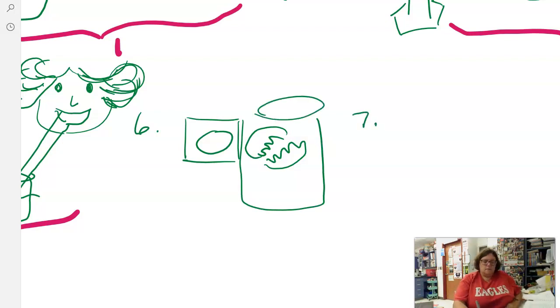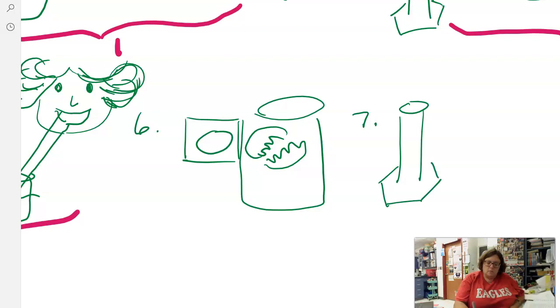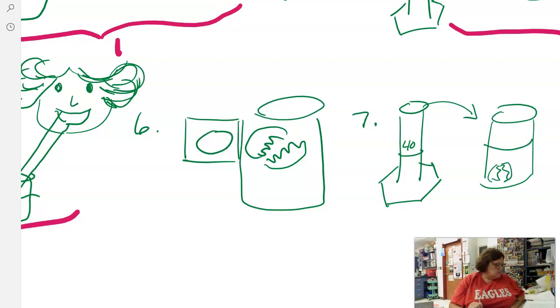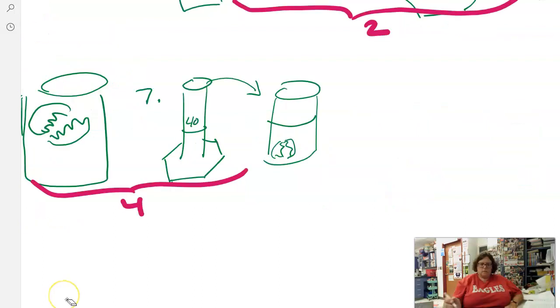Step 7, you're going to put 40 milliliters of water into that beaker with the Alka-Seltzer halves in it, and observe what happens.